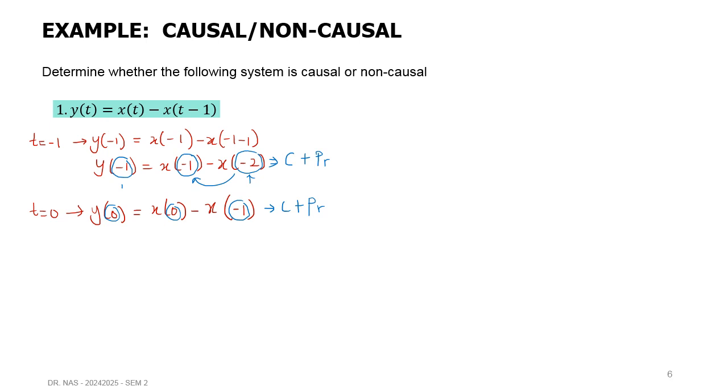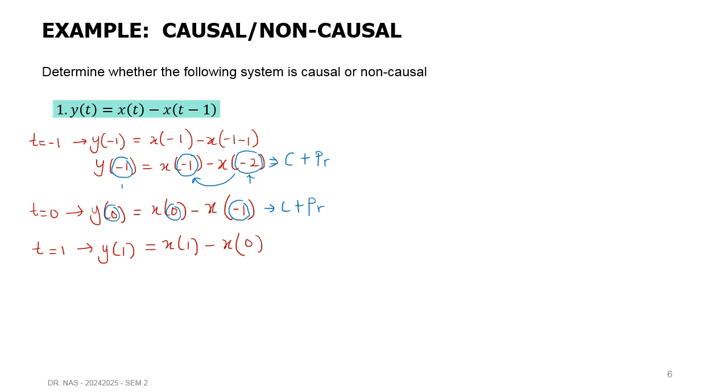Okay, let's try one positive value of t. So when you have t equal to 1, you have y(1) equal to x(1) minus x(1 minus 1), so x(0). Okay, let's compare the states.